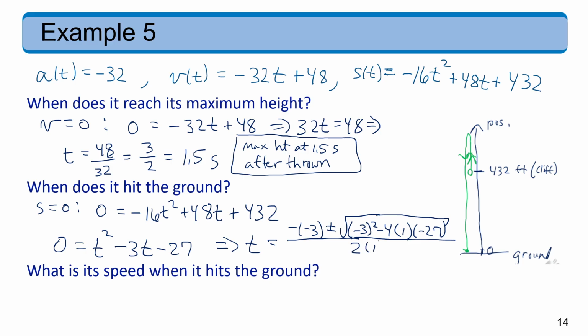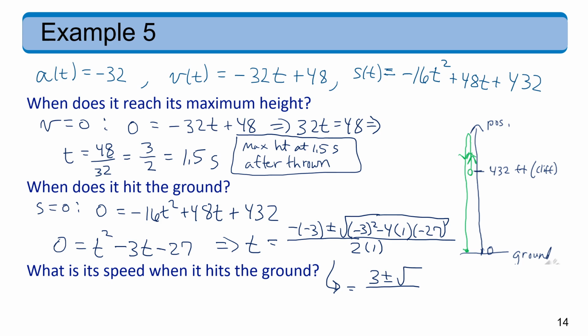A is 1. Now let's simplify. So we'll have in the numerator 3 plus or minus the square root of 9 plus 108.